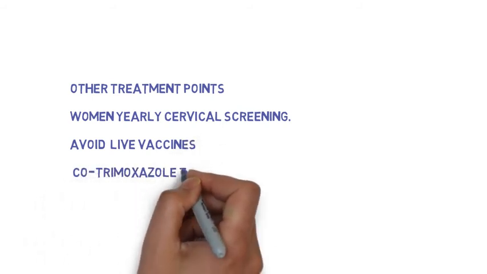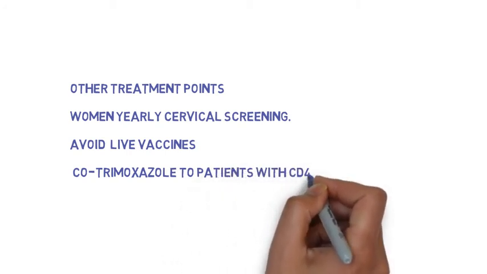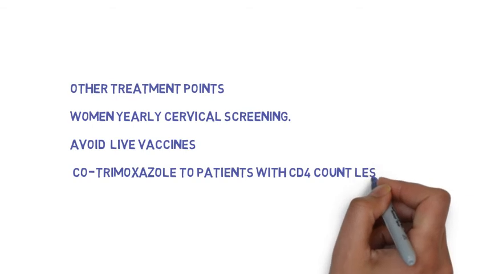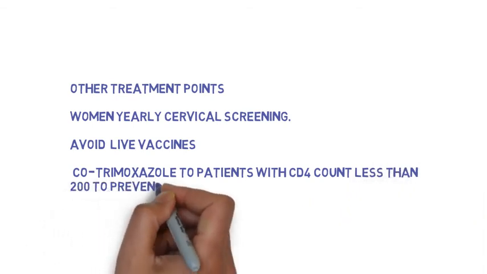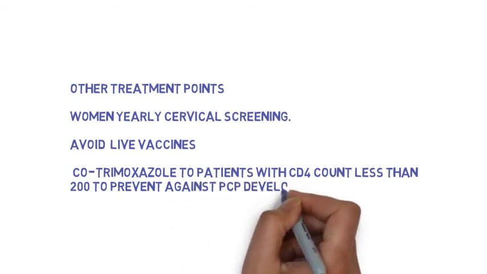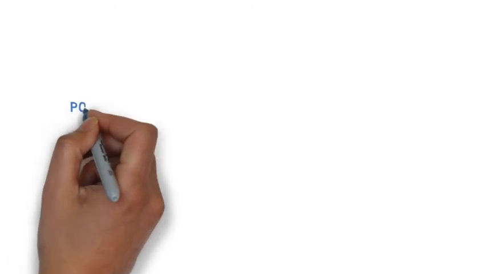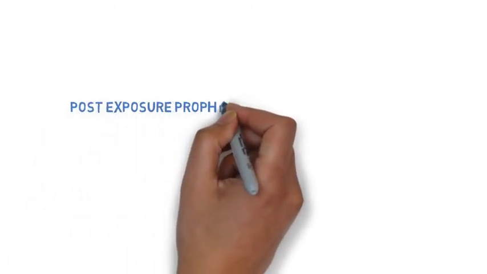Also, patients should avoid live vaccines, and they should also be given cotrimoxazole if their CD4 count is below 200, and this prevents against a type of pneumonia which is common in HIV and AIDS sufferers.